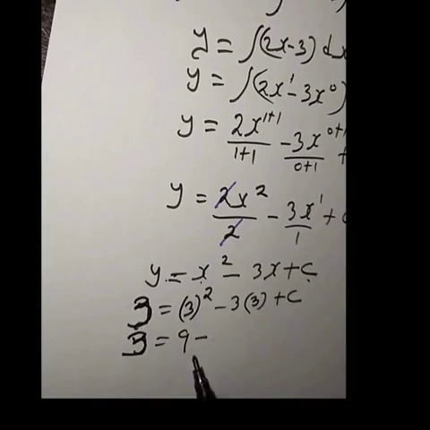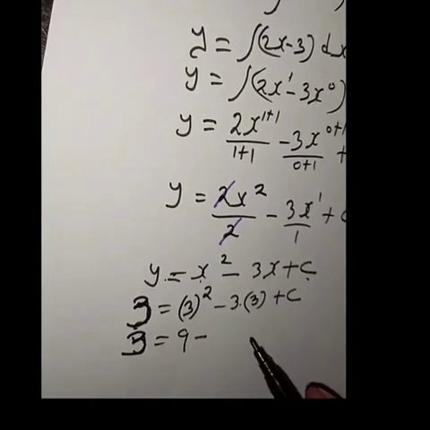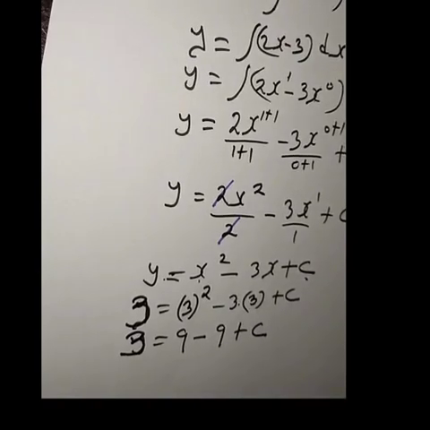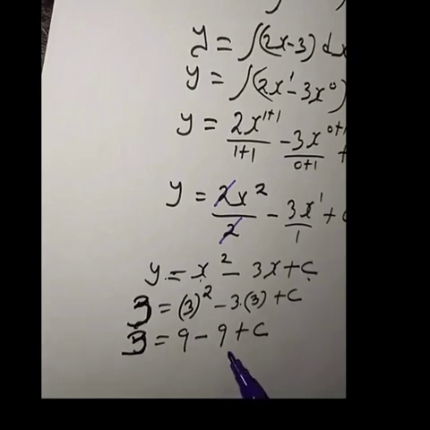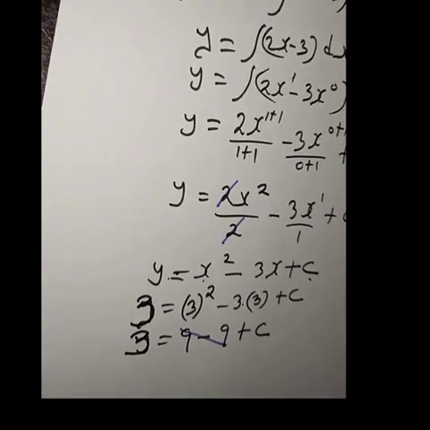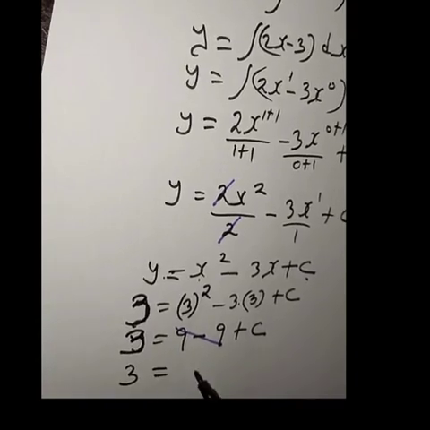So 3 squared is 9, minus 3 times 3, that is 9, plus c. Now 9 minus 9 is 0, so don't write it. It won't make any impact. So it means 3 is equal to c.